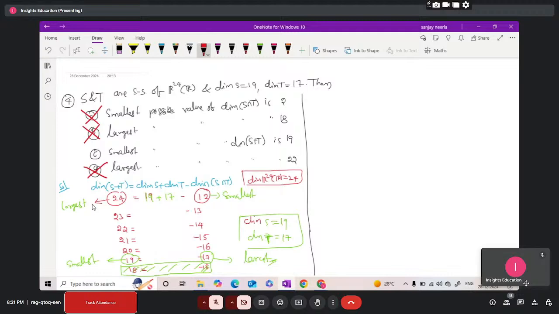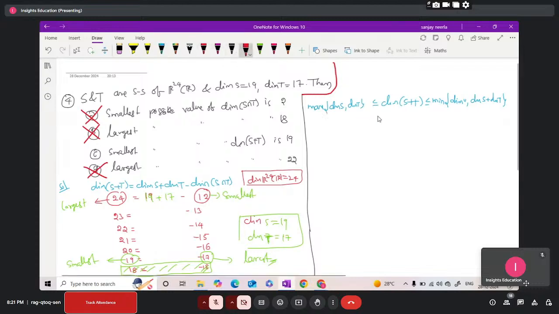But anyway, we have the direct formula. What is that formula? We can easily find the boundaries. The dimension of S plus T is bounded on the left by the maximum of dimension of S and dimension of T. Just substitute the values.